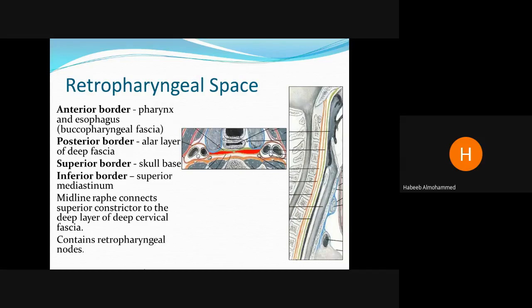What are the contents of the retropharyngeal space? Lymph nodes, the nodes of Rouvière, which usually involute by the age of 5. These lymph nodes in infancy and young children may get inflamed, suppurate, and lead to abscess formation. So it is more common in young children, and it may complicate an upper respiratory tract infection.